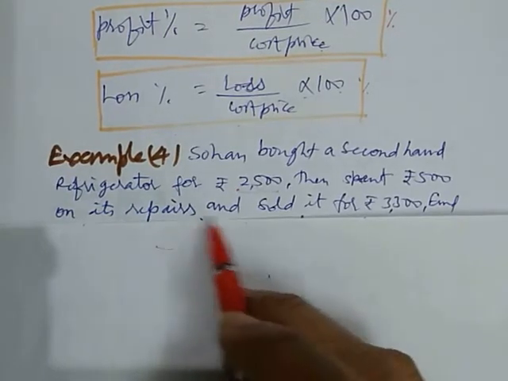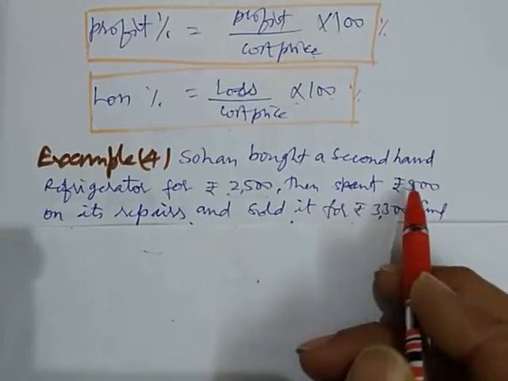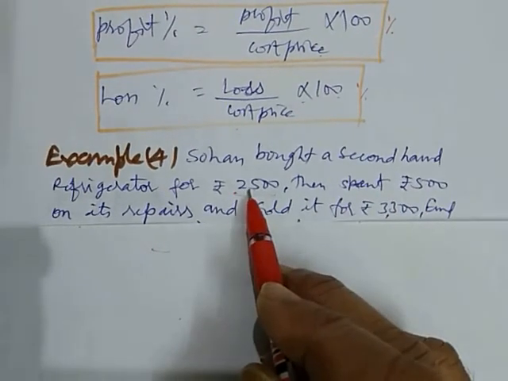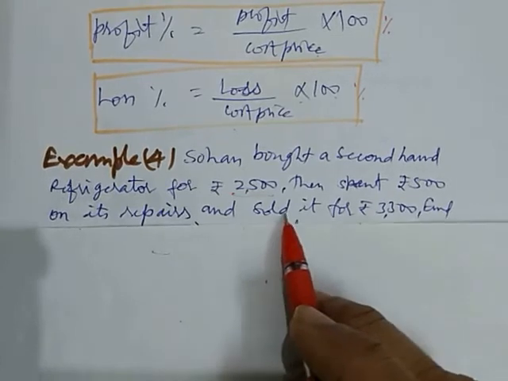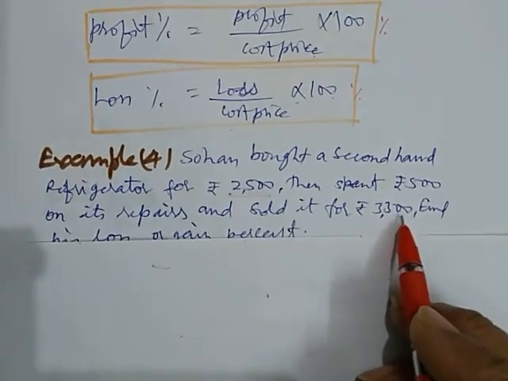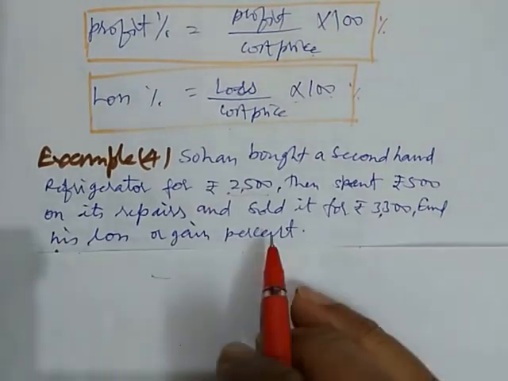This expenditure is also done by the seller, so this is also added in this. And then sold it for rupees 3300. Find his loss or gain percent.